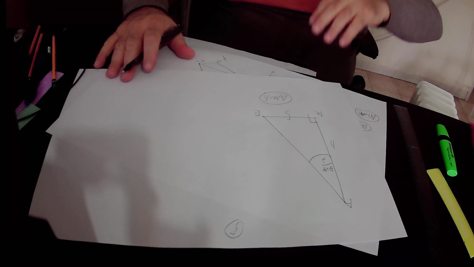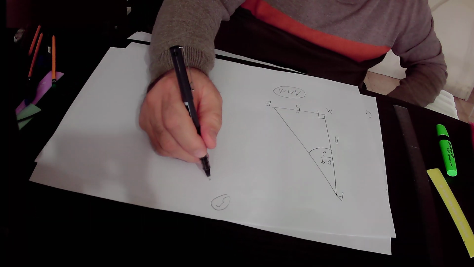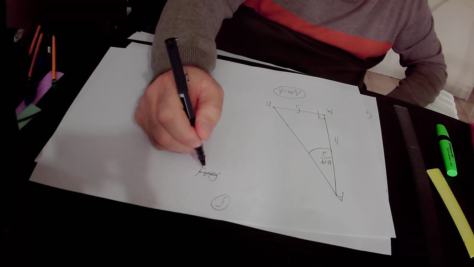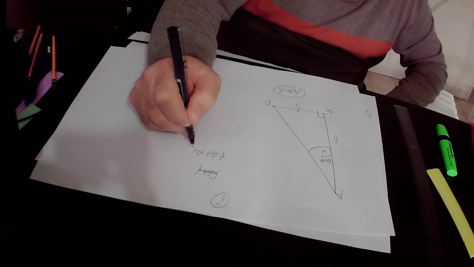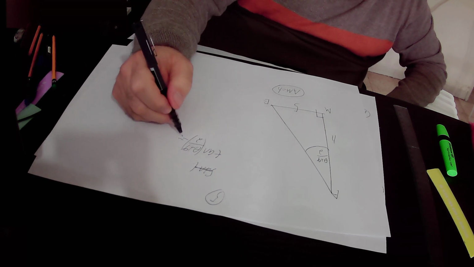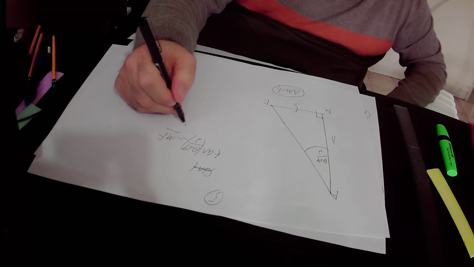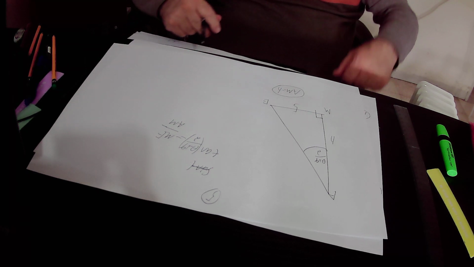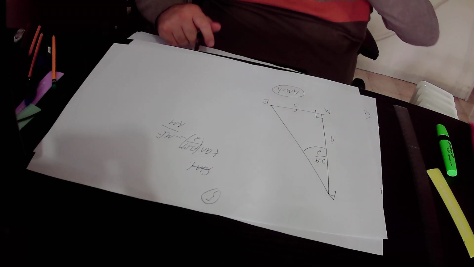So, what is the value of tangent theta plus alpha over 2? It will be equal to ME over AM. Okay, tangent theta plus alpha over 2 equals ME over AM.